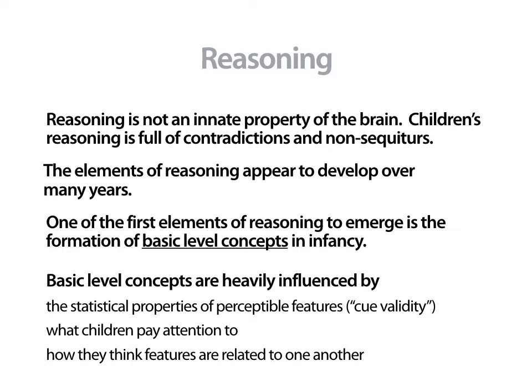It's also heavily influenced by what children pay attention to. If the property has high Q validity, but children don't notice it, like the wick on a candle, then it doesn't play a large role in their reasoning. And then last, basic level concepts are also heavily influenced by how children think that the features are related to one another.